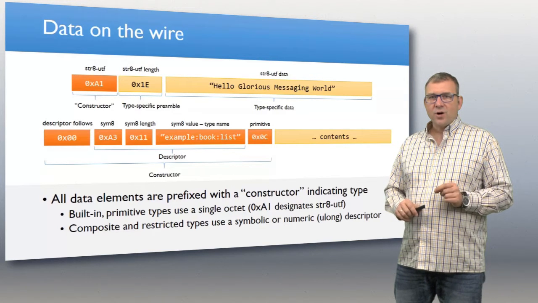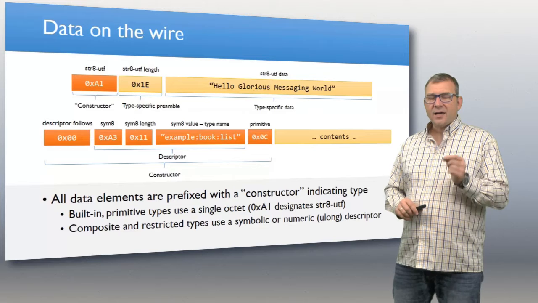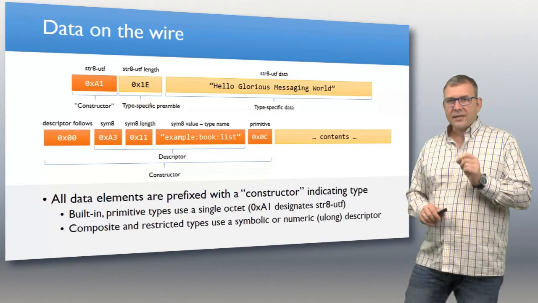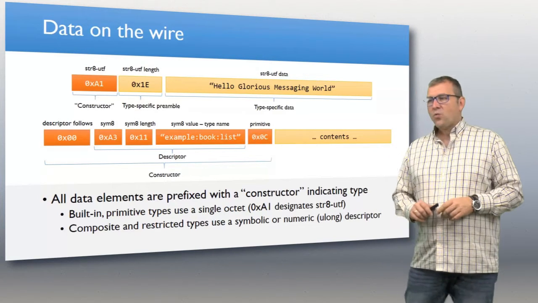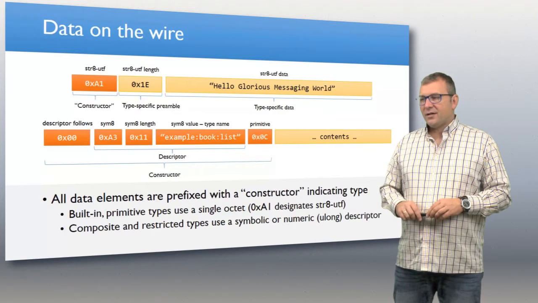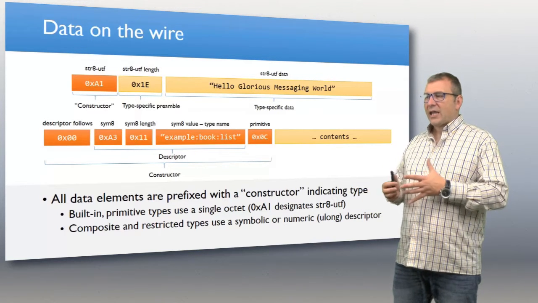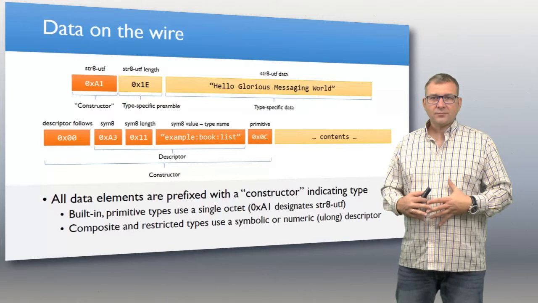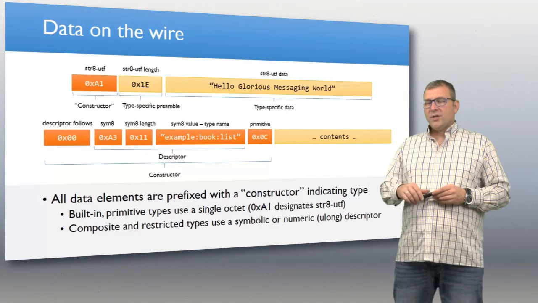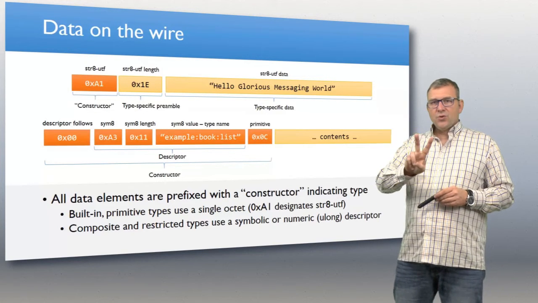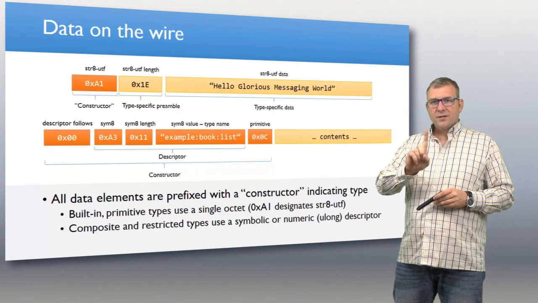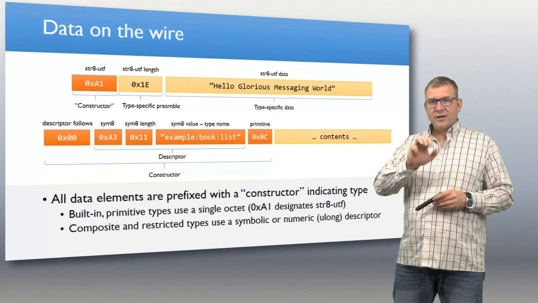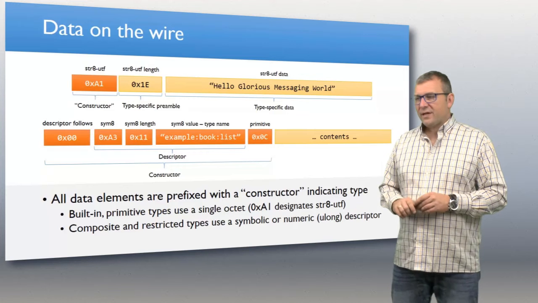When you see hex A1, you know that there's an 8-bit length indicator following it. The next one, 1E, is the length of the following data, which is hello glorious messaging world. So the string is encoded using, at minimum, 2 leading bytes, the constructor plus the length indicator, and following that are the UTF-8 bytes.